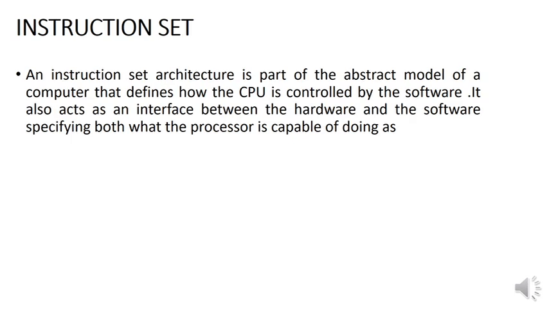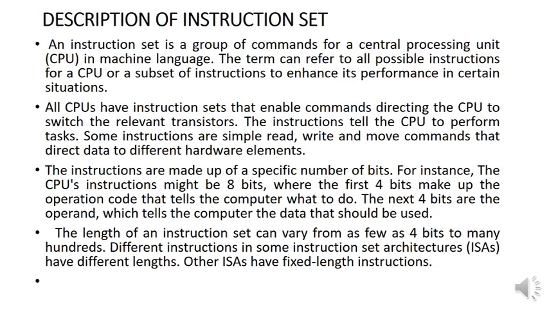So that comes to the description of instruction sets. How do we describe an instruction set? An instruction set is a group of commands for a central processing unit in machine language. The term can refer to all possible instructions for a CPU or a subset of instructions to enhance its performance in a certain situation.